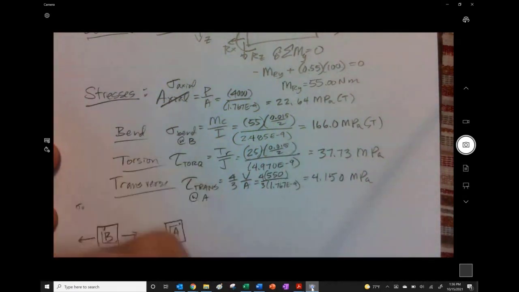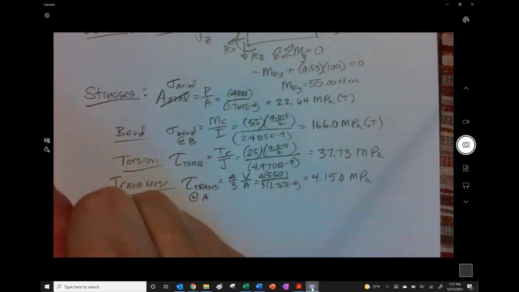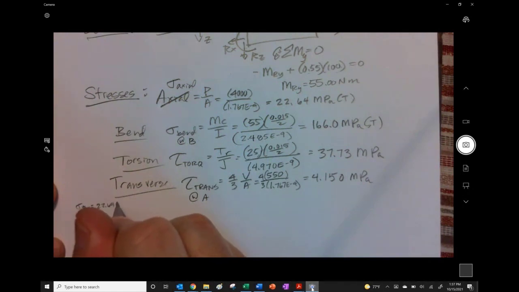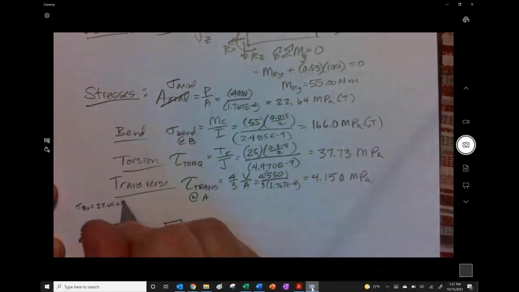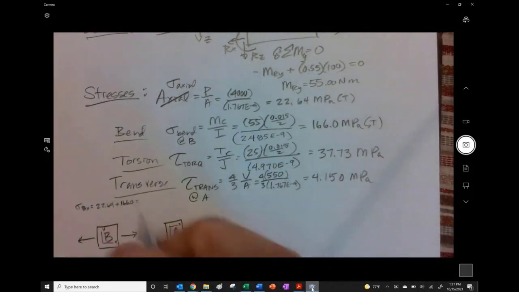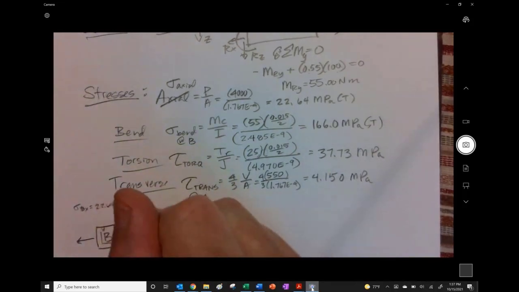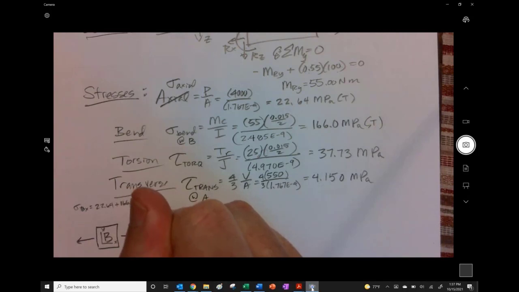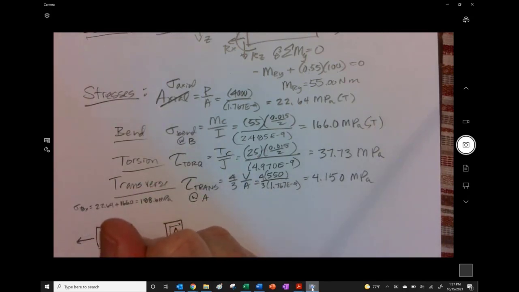So the sigma X, or I might even go like sigma BX, is going to be the 22.64 plus my 166, if I got that right. So we get 188.6.